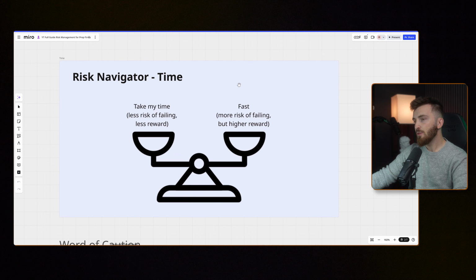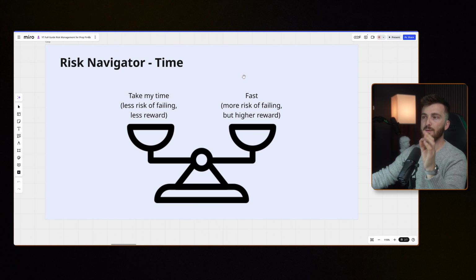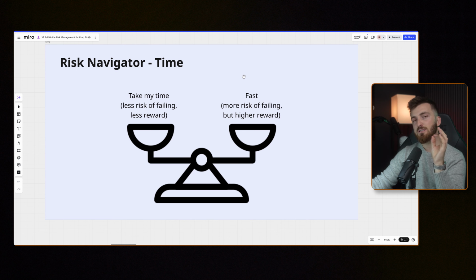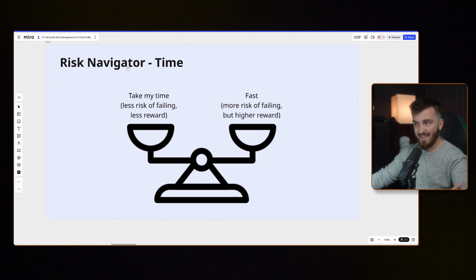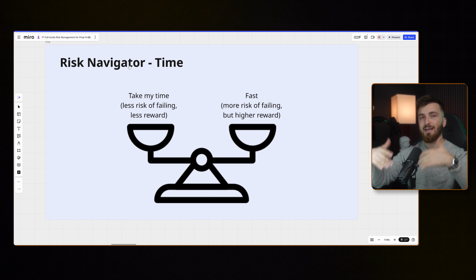Now, the risk navigator also encompasses something that is time, and that is something that a lot of people don't talk about, because as I said, an advanced trader and a beginner trader, they should approach prop firms in a very different fashion. So in the risk navigator time, you're going to have to pick between you taking your time, which you have less risk of failing, but you also have lesser of a reward, or you want fast, which is more risk of failing, but a higher reward, meaning you get funded quicker or you get bigger payouts.